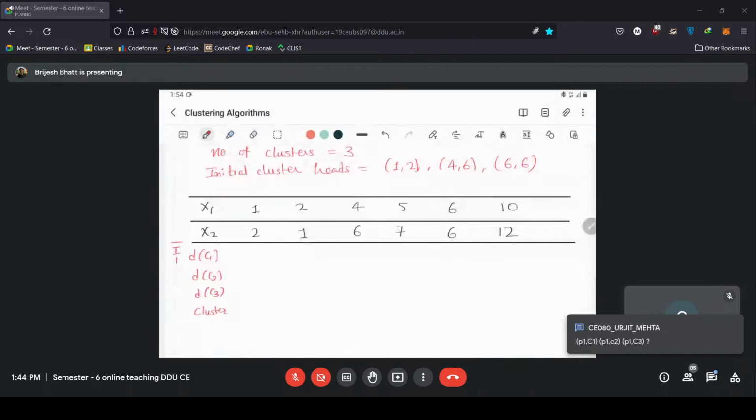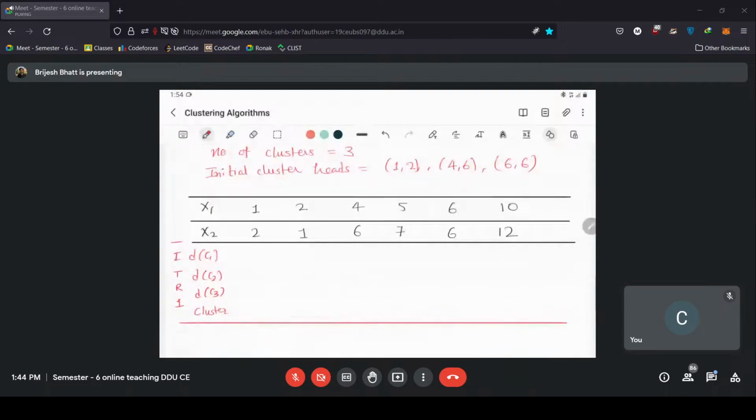We are doing it for the first time. Let's call it iteration 1. So you calculate these values and tell me the number.